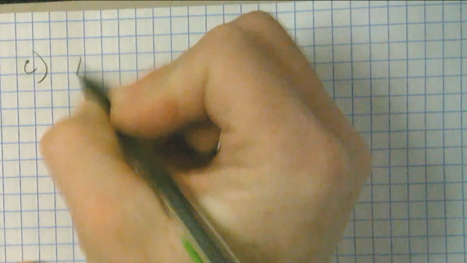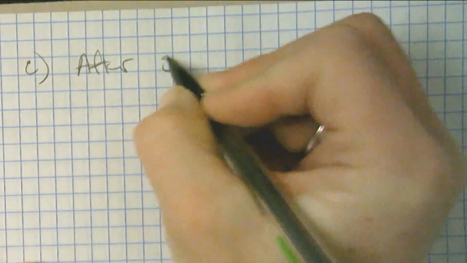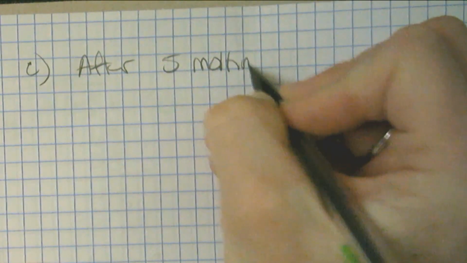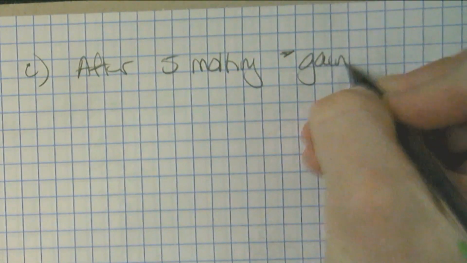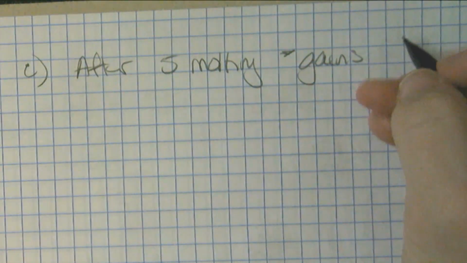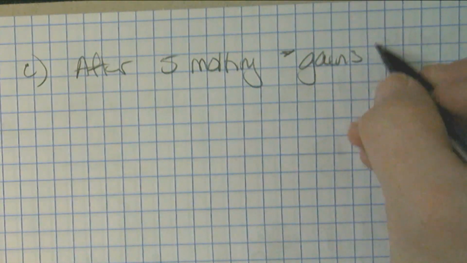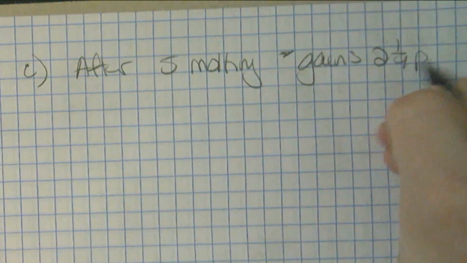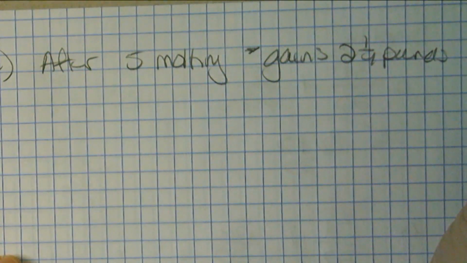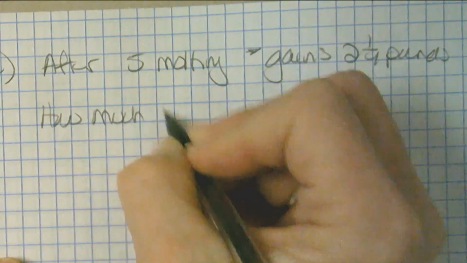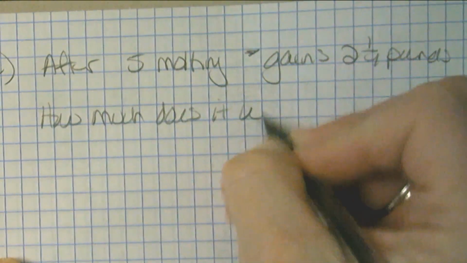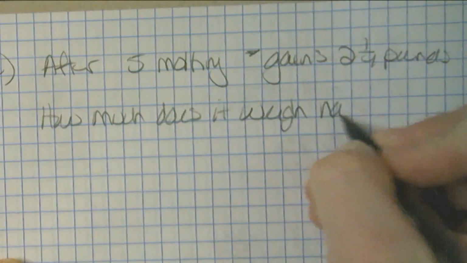So we have after 5th molting, it gains 2 1/4 pounds. How much does it weigh then? So how much does it weigh now?